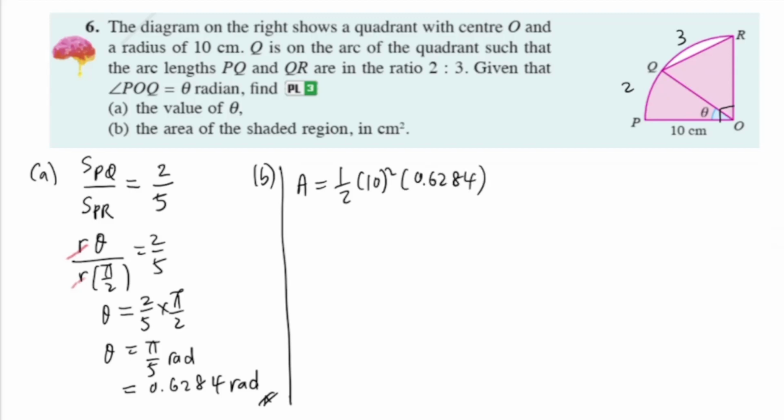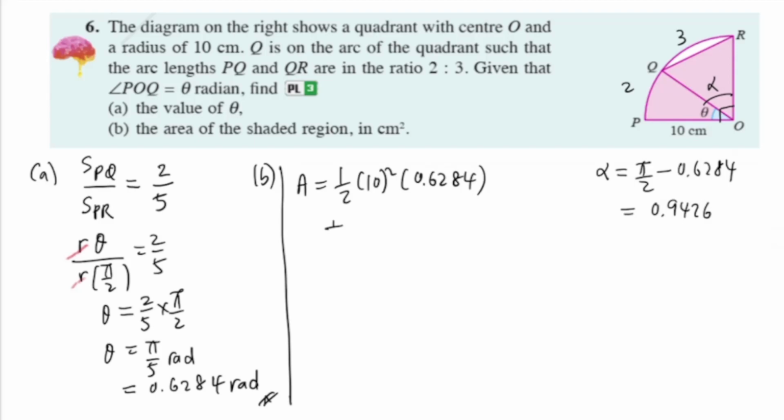Maybe for the area of the triangle here, let me just find out what this is. I call it alpha. We know that alpha will be pi over 2 minus theta. Remember, every time we use this pi, please use 3.142. When you type in the calculator, this will be 0.6284. When you minus, this will give us 0.9426.